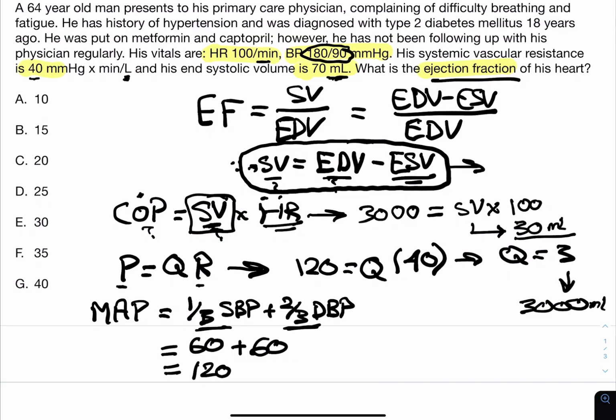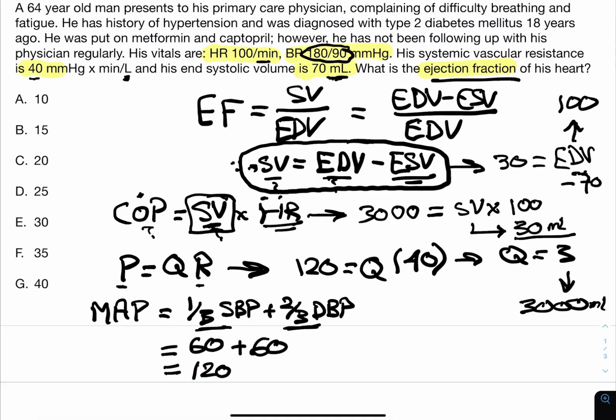So if we plug in the numbers, the stroke volume is 30, so EDV minus 70, sorry. This means the EDV is 100.